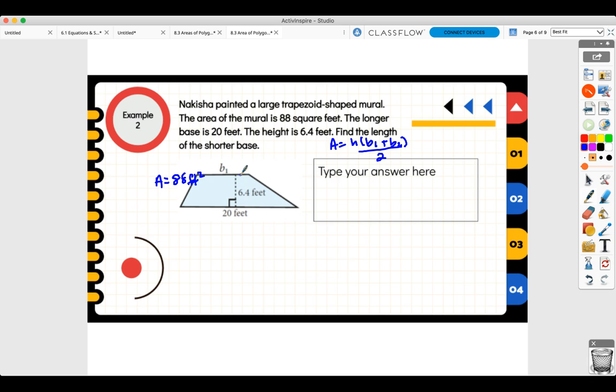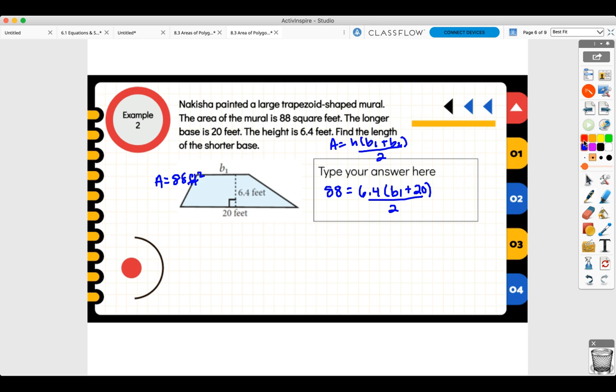We're just going to substitute everything in there like we've done before. Area is 88. So 88 is equal to, our height is 6.4, times B1 plus 20, divided by 2. Okay, so this is not as easy of a problem. You have to sit there thinking about how you're going to solve for B1 over here.